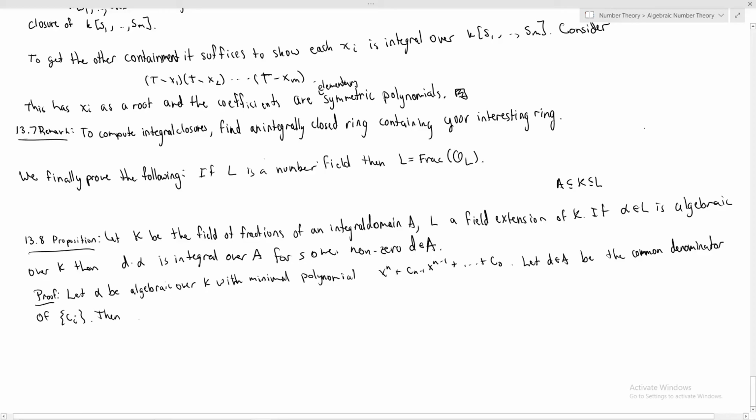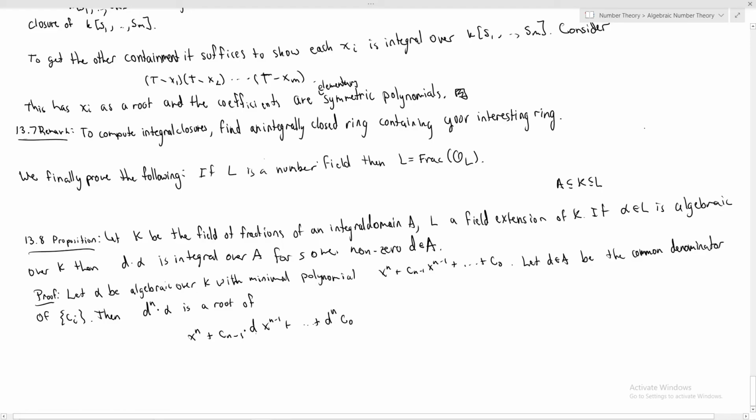Then d alpha is a root of x to the n plus c n minus 1 times d x to the n minus 1, and so on, plus d to the n c naught.